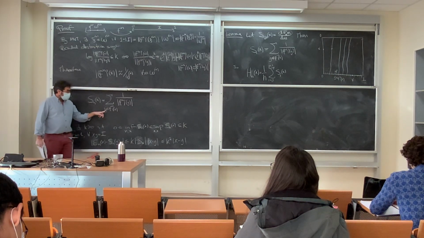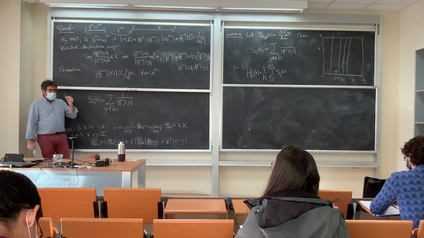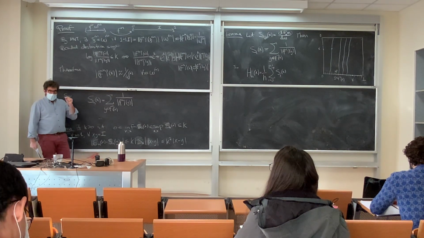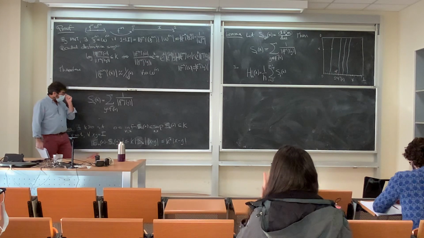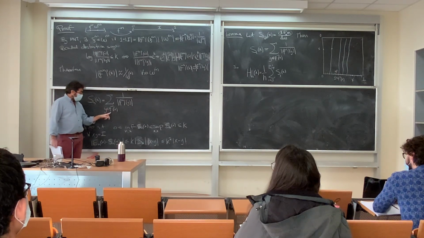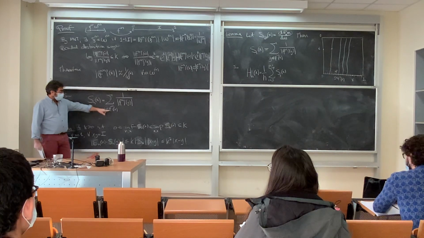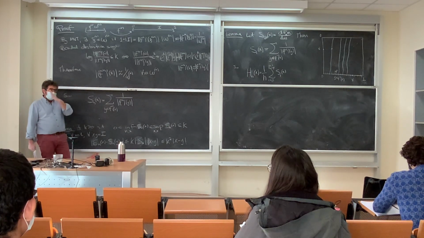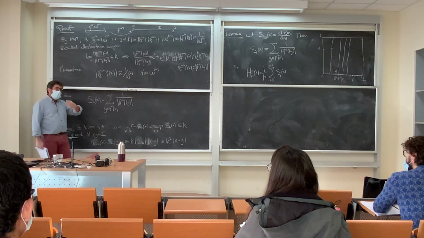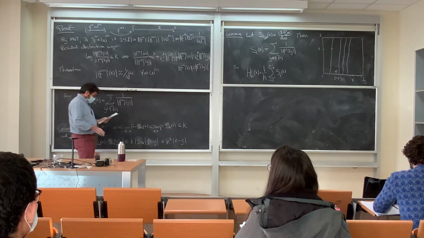Each of these y's belongs to one of the omega_n's. When we look at f^{-n}, we are summing over all the preimages, which means that you are summing exactly one y inside each of the omega_n partition elements.